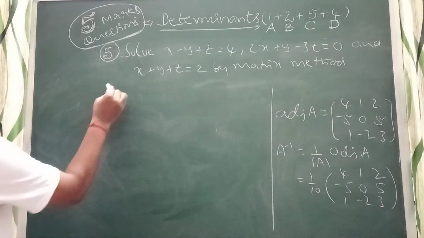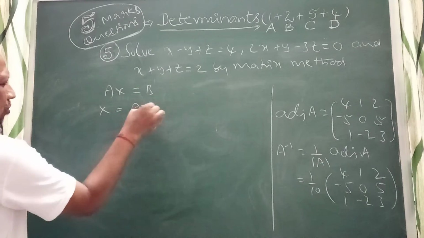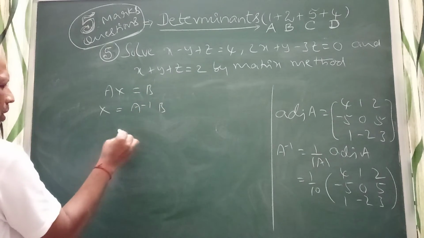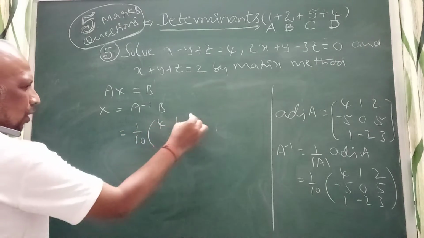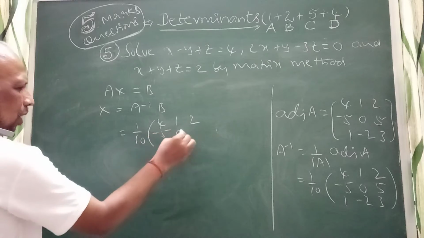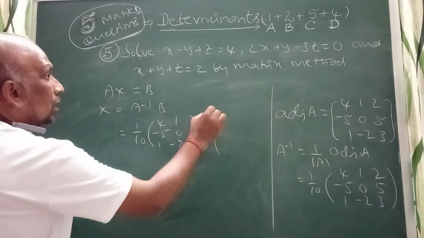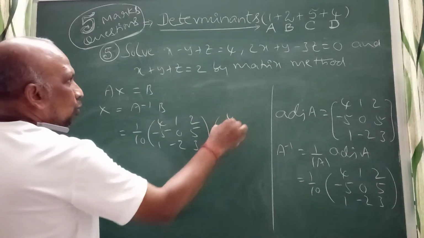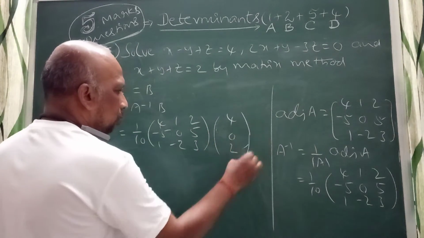Now Ax is equal to B, so X is equal to A inverse into B. So what is A inverse? 1 by 10, 4 1 2, minus 5 0 5, 1 minus 2 3, into B. We know B is 4 0 2, correct.